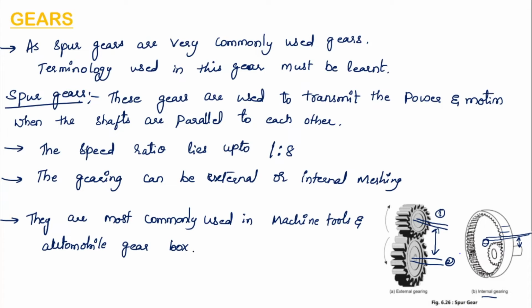Now we will discuss the terminology, or the terms, which are used for these gears. Terminology of spur gears. The first one is the pitch circle and the pitch circle diameter.